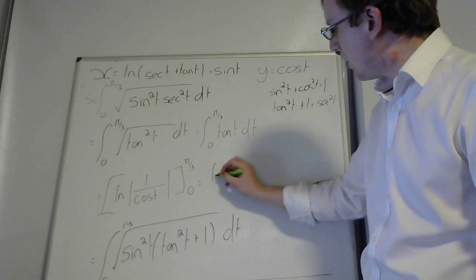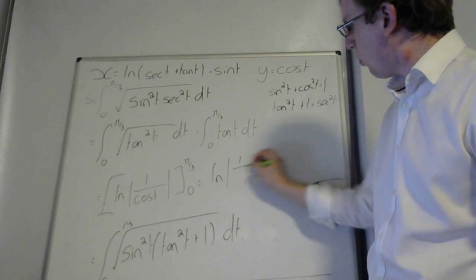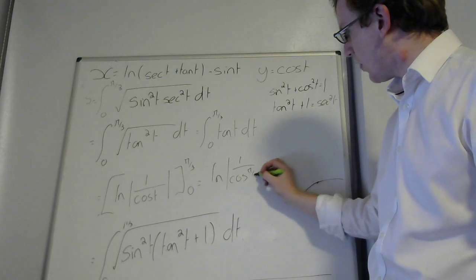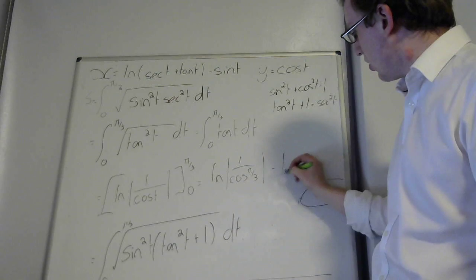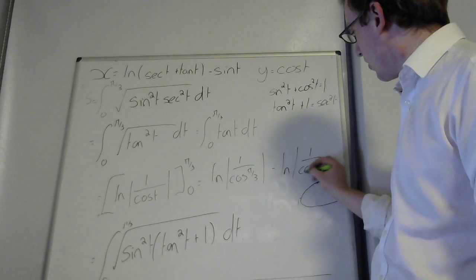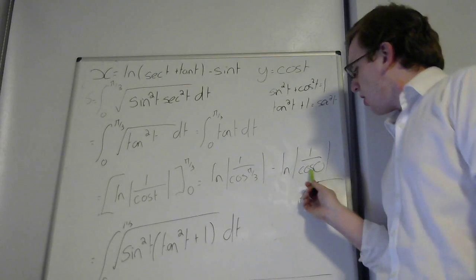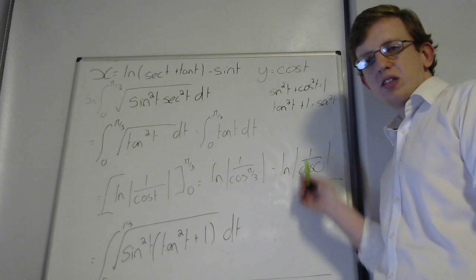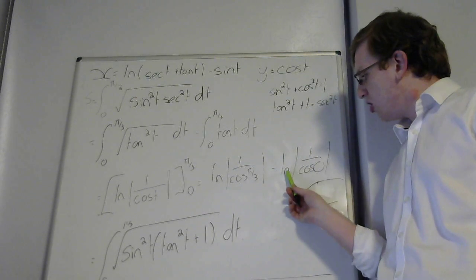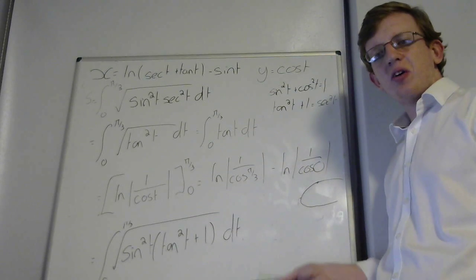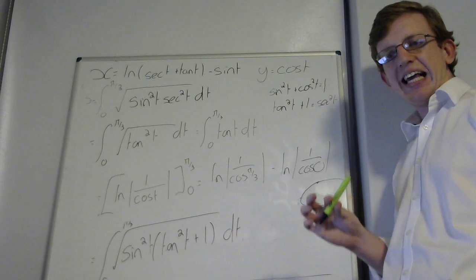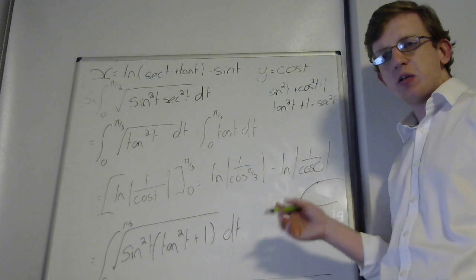So that is ln of 1 over cos pi on 3 minus ln of 1 over cos of 0. And we're pretty much there. Cos of 0 is 1. 1 divided by 1 is 1. So the ln of 1, well, what does the ln of 1 mean? That means e to the power of what is equal to 1.